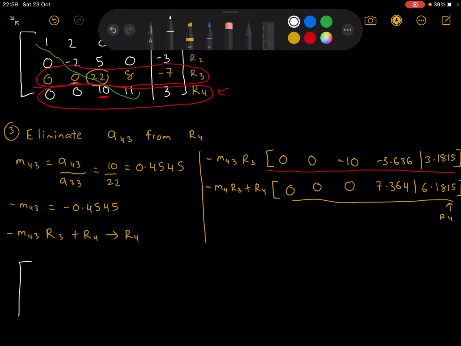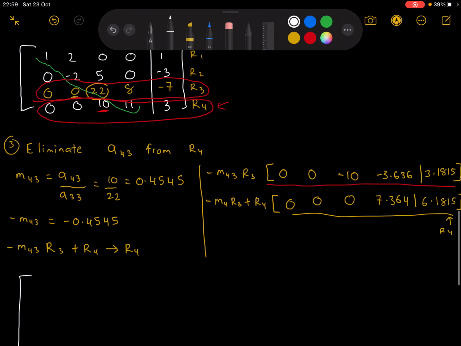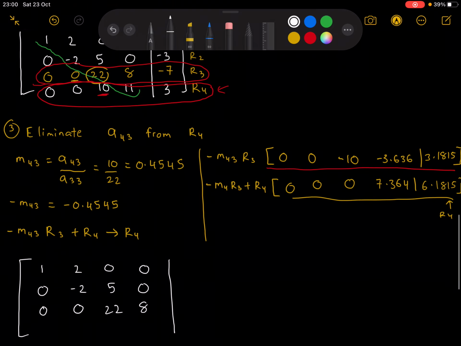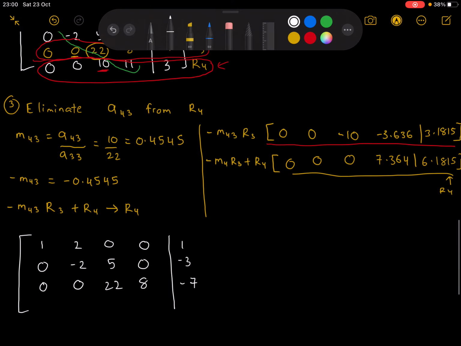So our matrix now will become 1, 2, 0, 0; 0, negative 2, 5, 0; 0, 0, 22, 8; and then for row number 4, we'll take the values from here: 0, 0, 0, 7.364, and 6.1815.